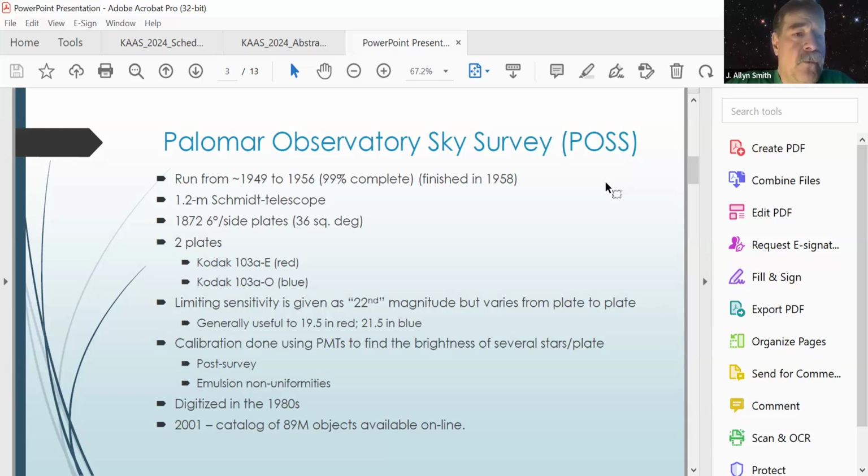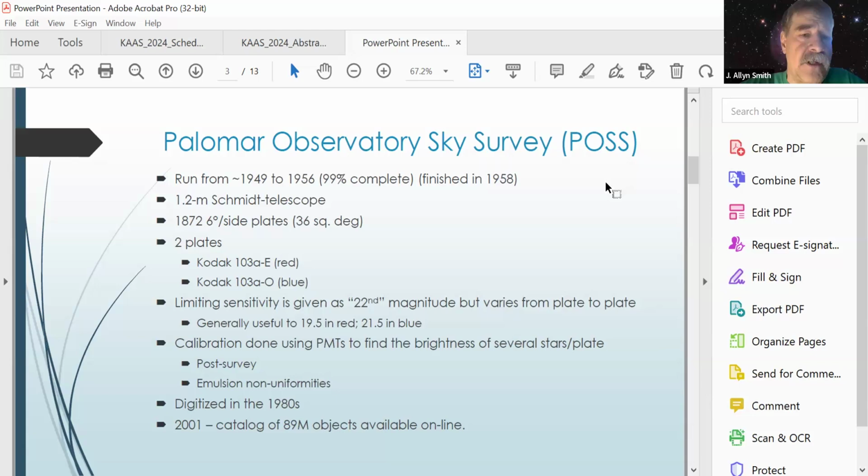It used the 1.2 meter Schmidt telescope camera at Mount Palomar, 1,872 plates that were 6 inches on a side. So you got 36 square degrees every time you opened the shutter successfully. And these were fairly long exposures, anywhere from 2 to 4 hours long.